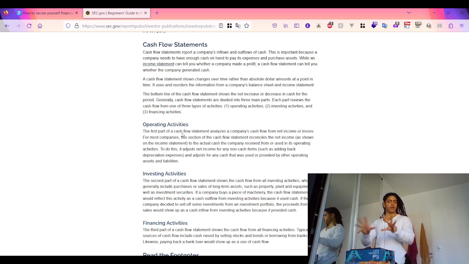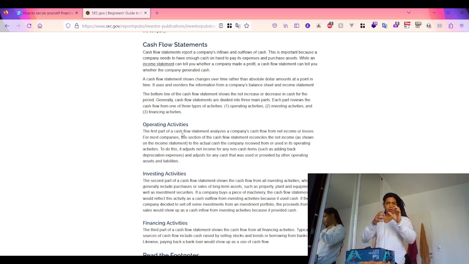So generally, this is made of three parts. The cash flow statement reviews the cash flow from one of these three activities: operating, investing, and financing.